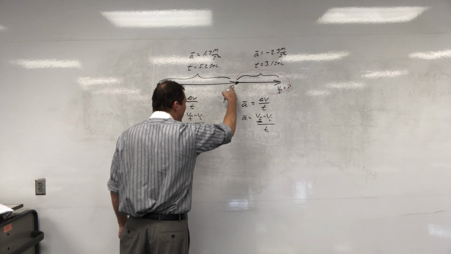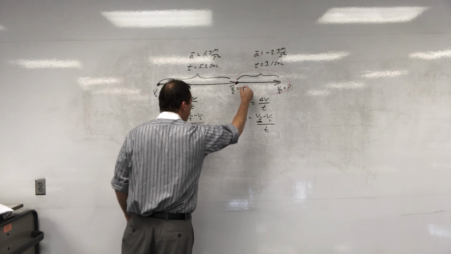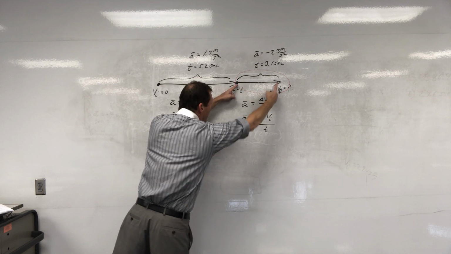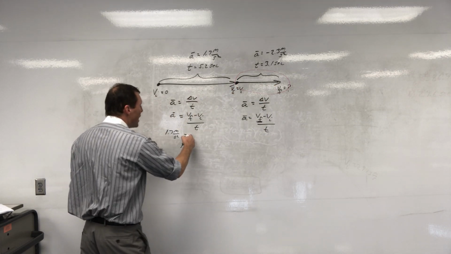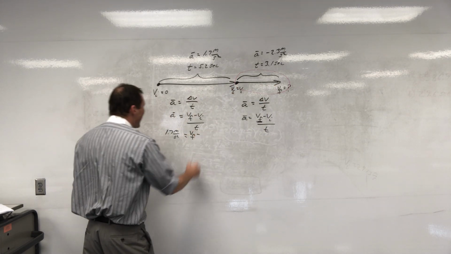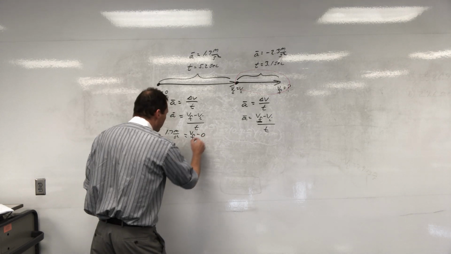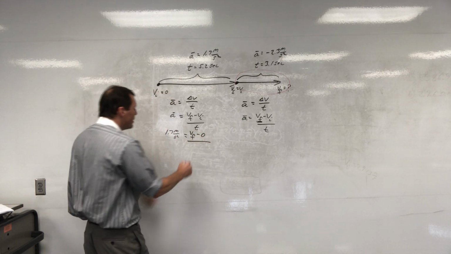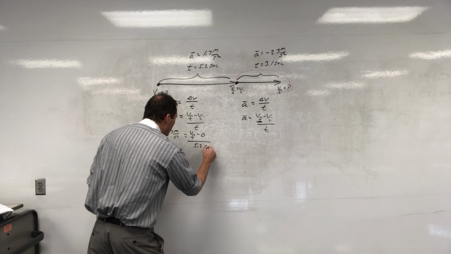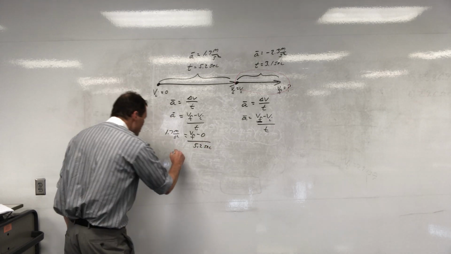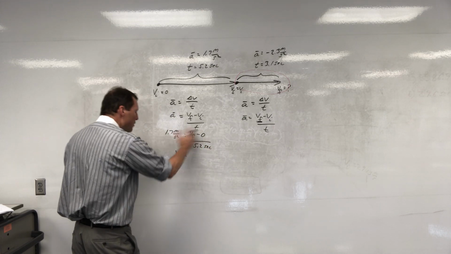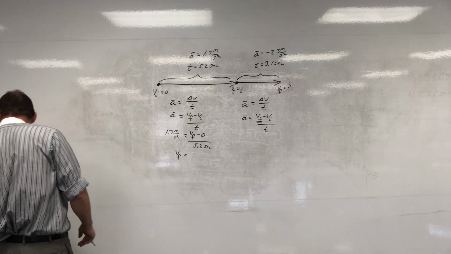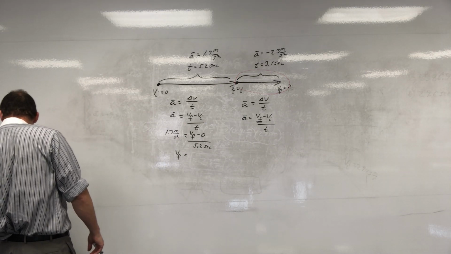That final velocity for this is going to equal the initial velocity for that. So final velocity, I'm looking for that, minus the initial, which is 0. And the time is 5.2 seconds. So I'm going to go ahead and substitute in and solve. And my final velocity turns out to be 8.84.